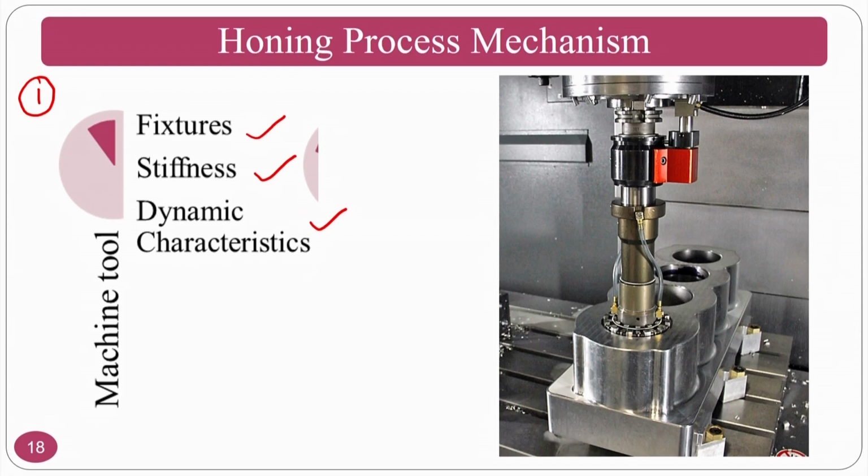At the same time, it will capture the vibrations if there are any, because cast iron has more carbon in the form of graphite, and graphite has this type of damping effect. Okay. For the fixtures, you have to choose them such a way that they hold the workpiece firmly, and the stiffness of the fixtures as well as other things are to be taken care of in the machine tool.